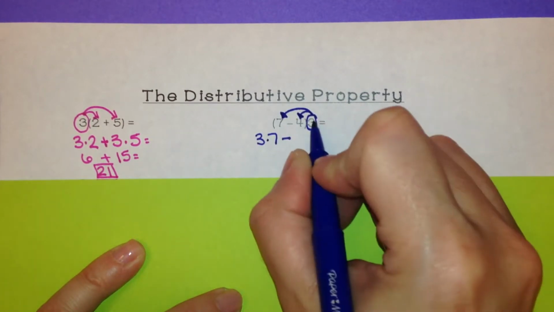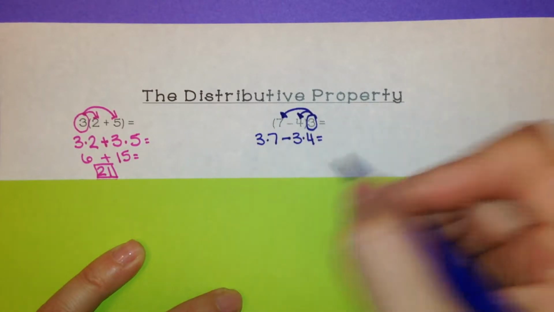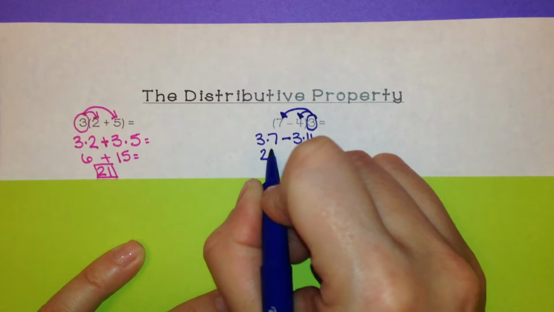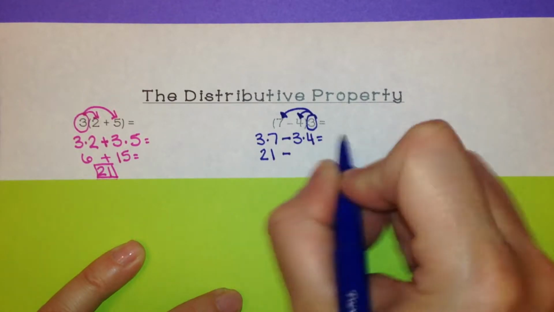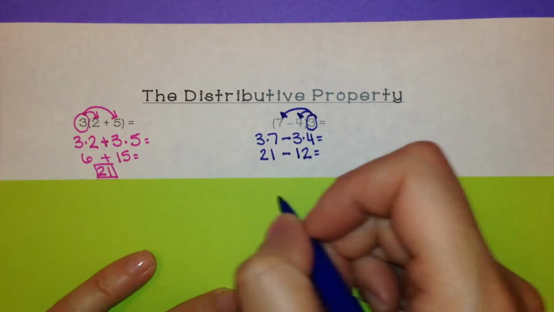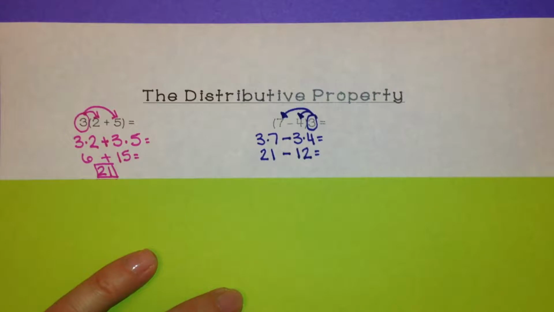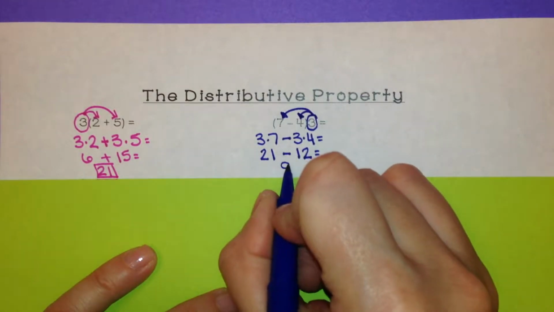Bring down that minus. Then we have 3 times 4. 3 times 7, 21, minus 3 times 4 is 12. So when we subtract, 21 minus 12 leaves us with 9.